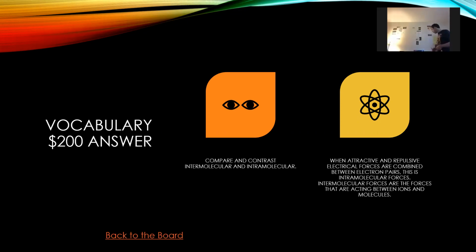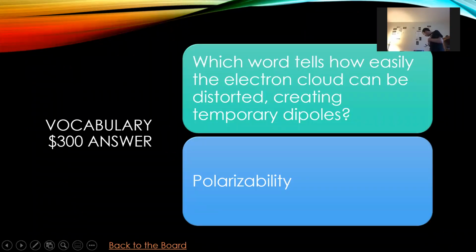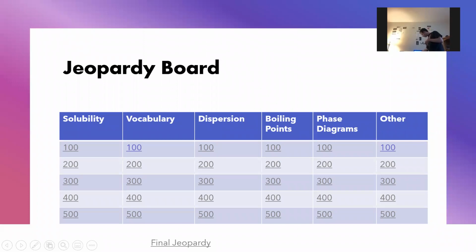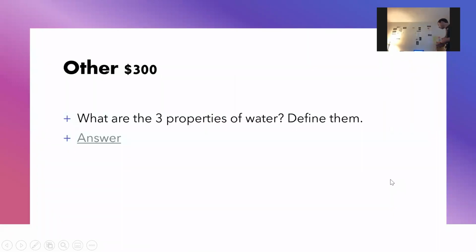Iodine, you have control of the board. What would you like? Other for 300. What are the 3 properties of water? Define them.